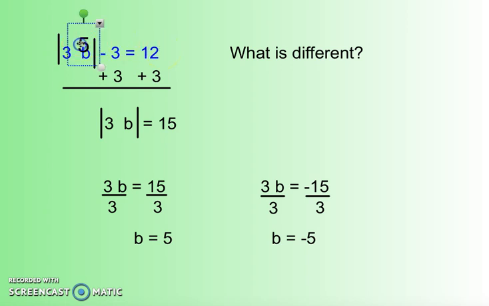How about if we change this to a negative 5? 3 times negative 5 is negative 15. Now the absolute value of that is 15. 15 minus 3 is still 12. So yay, they both work. Check. So I could put a check mark on both of these and say, yep, and that was a terrible check mark. There we go.